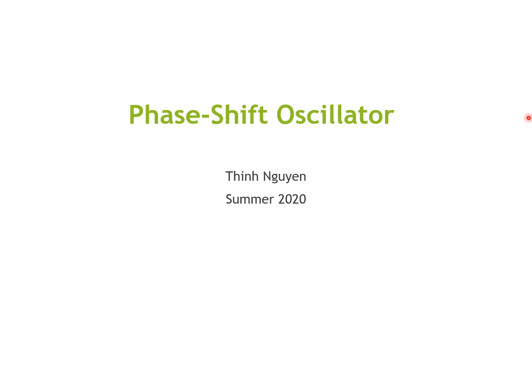So today we're going to go through one example configuration of the oscillator called the phase shift oscillator. As the name suggests, this oscillator basically leverages a phase shift of an RC network to sustain the oscillation.